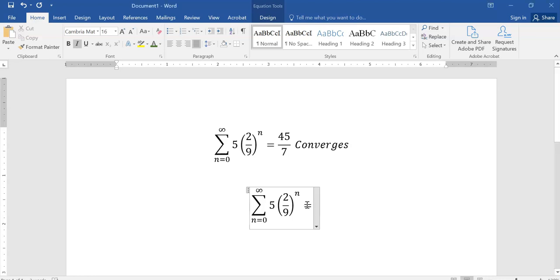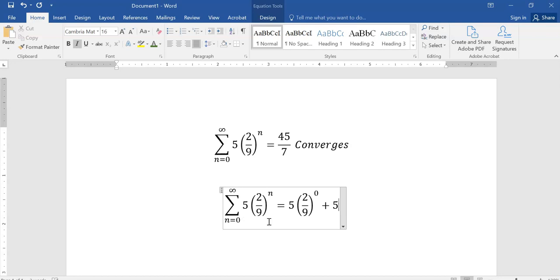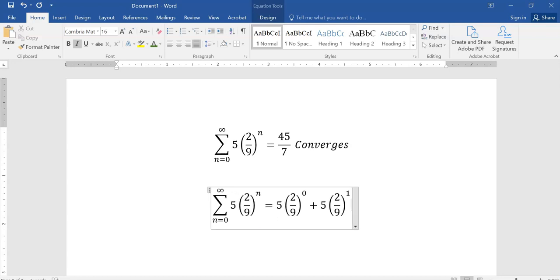But also, this sum is just a bunch of terms. We started our count at 0. So our first term was 5 times 2 ninths to the 0 power. And then we add 5 times 2 ninths to the first power.